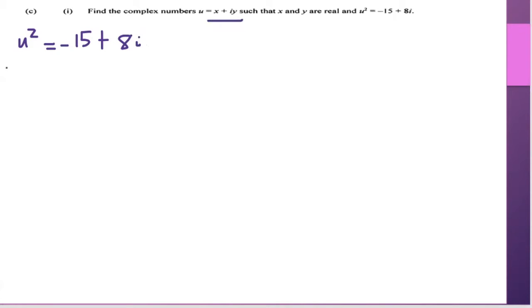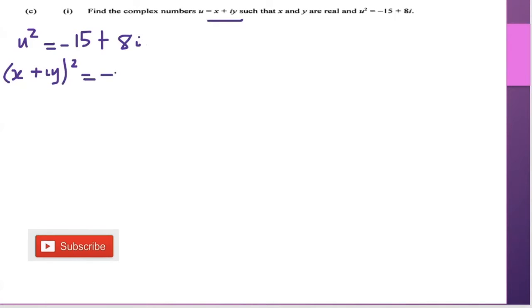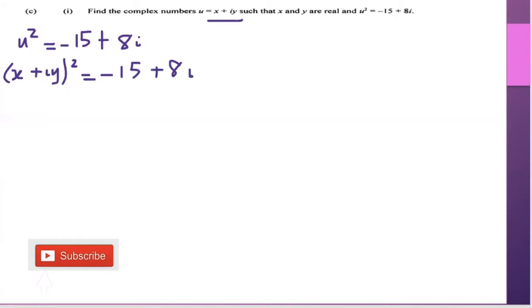So let me write this. Now, u is x plus iy, so I replace u. So I'll have x plus iy all square is equal to minus 15, which is representing the real, plus 8i, which is the imaginary part.